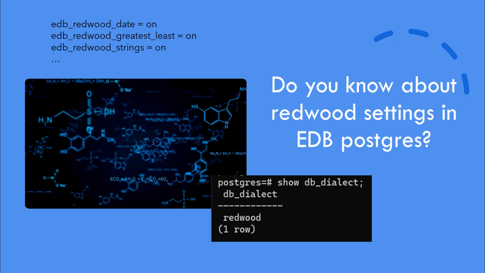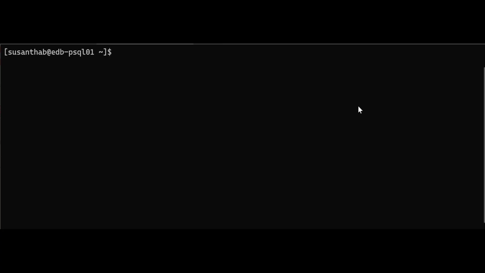If you do not know what EDB Postgres means, then you probably need to do some research first and then watch this video. In this server, I have installed EDB Advanced Server, which is their PostgreSQL version. I'm going to check the Postgres configuration file and specifically search for the Redwood setting.